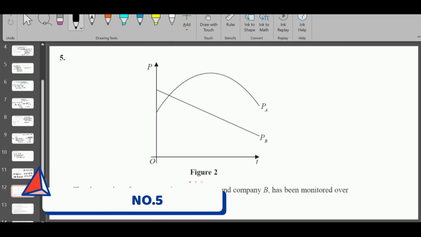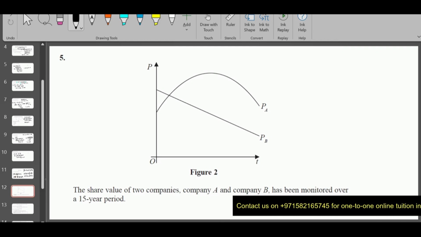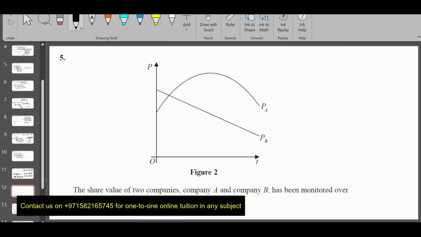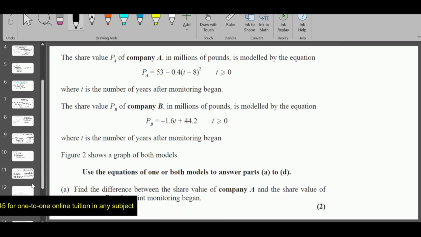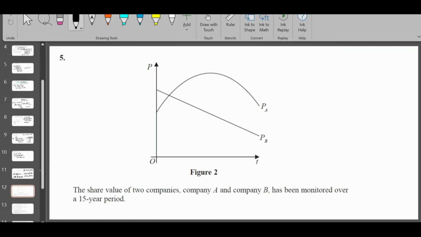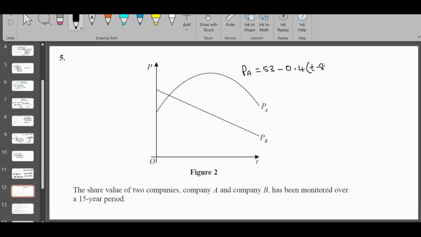Question number 5 now. We have a graph, looks like a quadratic, PA and PB is a straight line. Let's read the question. The share value of two companies, company A and company B, has been monitored over a 15-year period. The share value of company A, PA, in millions of pounds, is modeled by this equation: PA is 53 minus 0.4 times t minus 8 whole square.